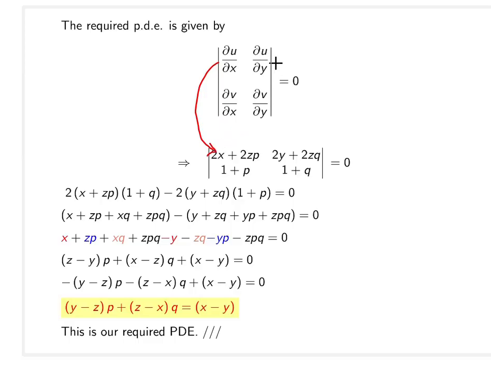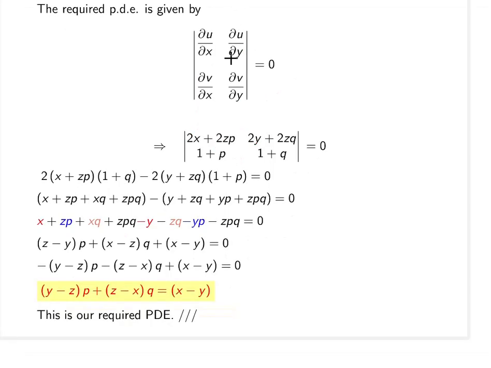Instead of dou u by dou y, we write 2 times y plus 2 times z into q. Similarly, dou v by dou x is 1 plus p and dou v by dou y is 1 plus q. Since it is a 2 by 2 matrix, we take the determinant: 2x plus 2z into p, into 1 plus q, minus 1 plus p into this. We just have to simplify this to get the solution.